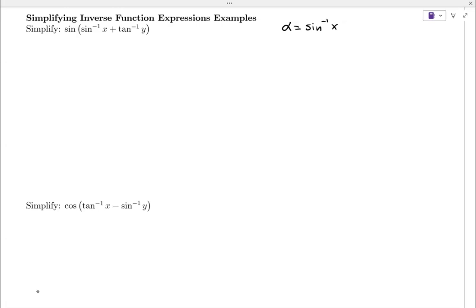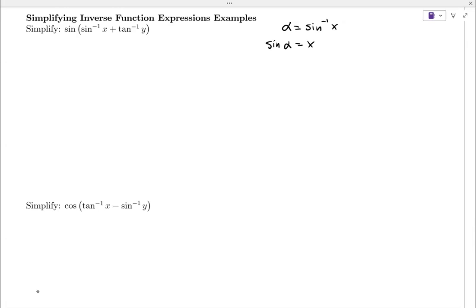So rather than plugging in an angle and getting out a value, you plug in a value and get out an angle, right? But what's an equivalent way to rewrite that equation without an inverse function in it? Take the sine of both sides, right? And rewrite it as sine of alpha equals x, right?